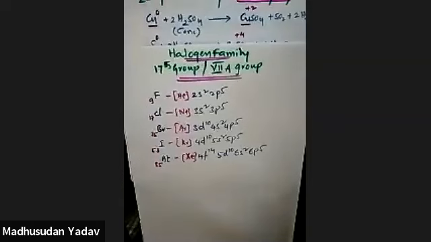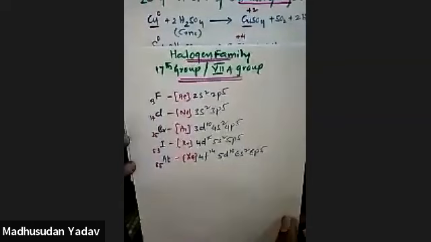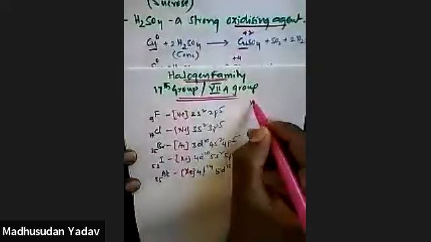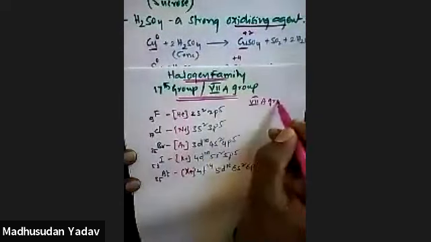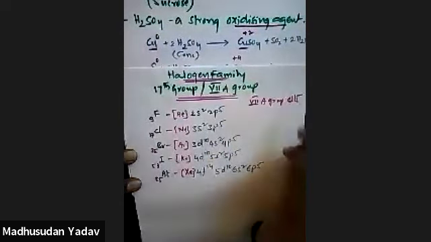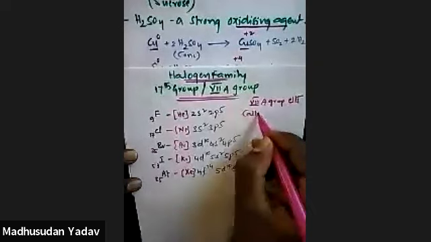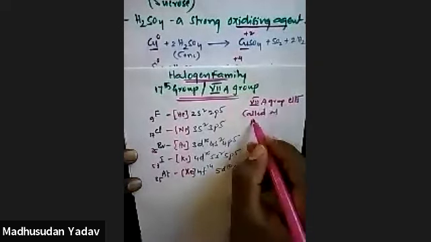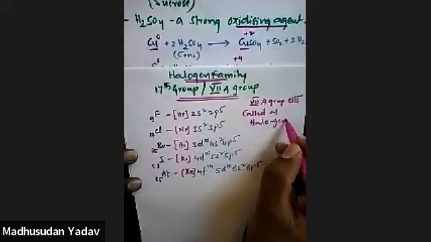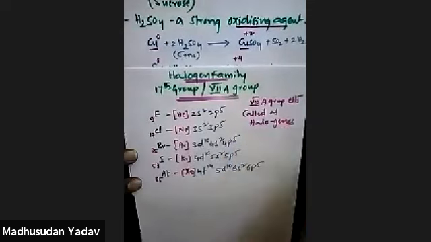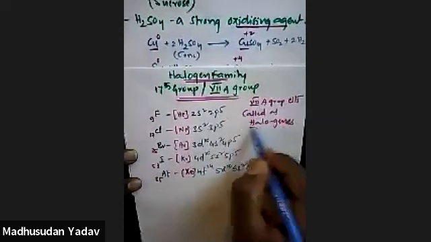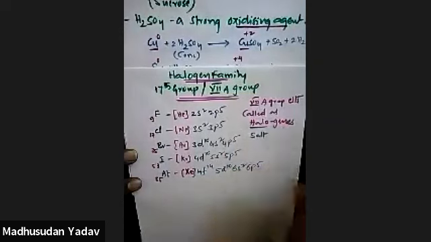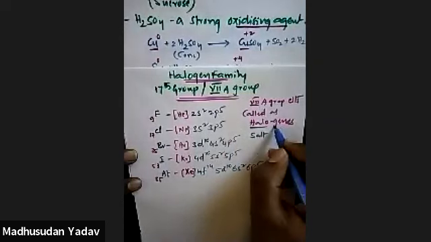Here the 7th group elements are called halogens. Why are they called halogens? The reason is halo means salt, and genus means it is born or bond.